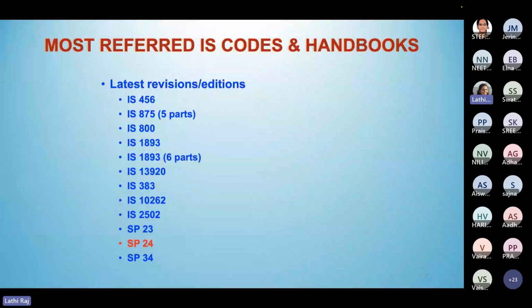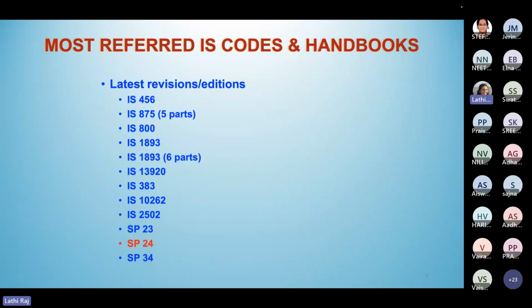This was for ductility. IS 383, I told you, is for material aggregates. IS 10262 is for mix design of concrete, and IS 2502 is for detailing, that is, the bar bending schedule. When you are designing an RCC structure, you have the reinforcement and how much length is to be cut, what the development length is, how much anchorage.